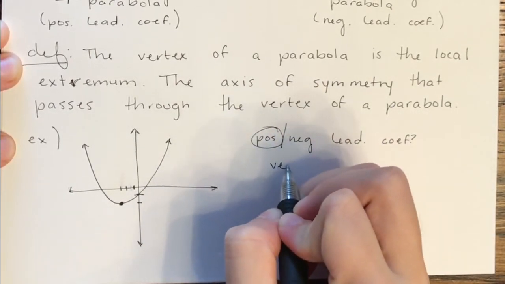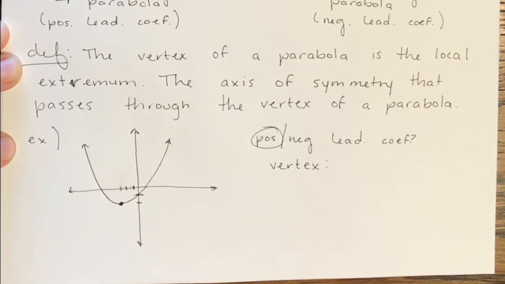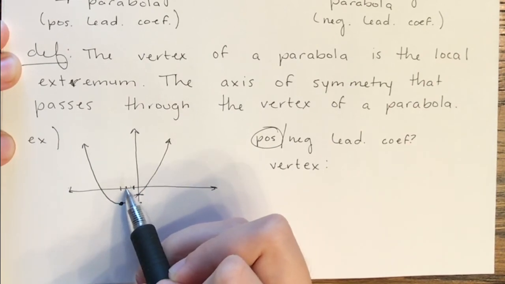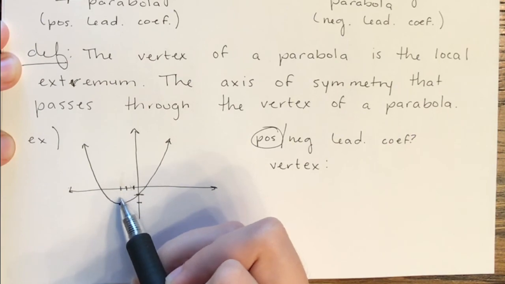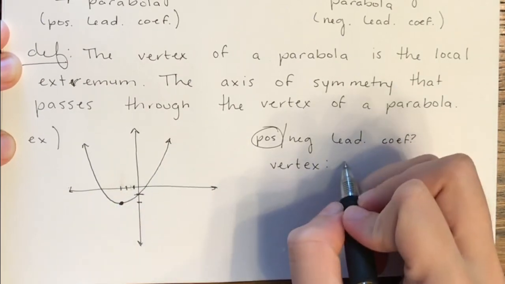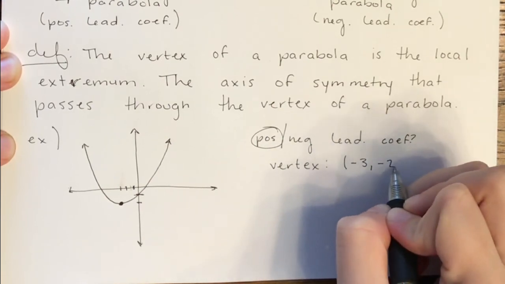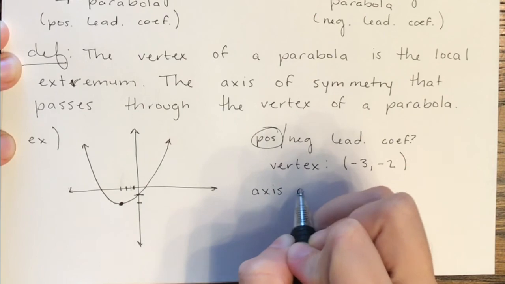Where is the vertex of this guy? Well, it might not be super easy to see, but we are 3 to the left, so -3 for x, and then down 2, so -2 for y. So our vertex occurs at (-3, -2). Where is our axis of symmetry?